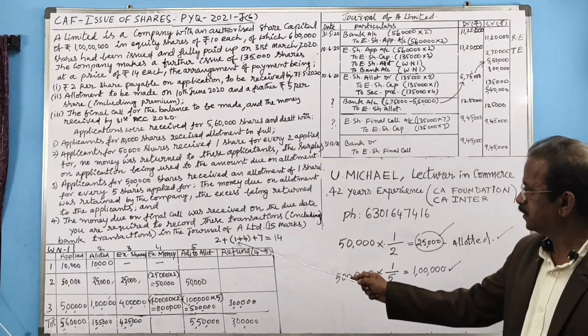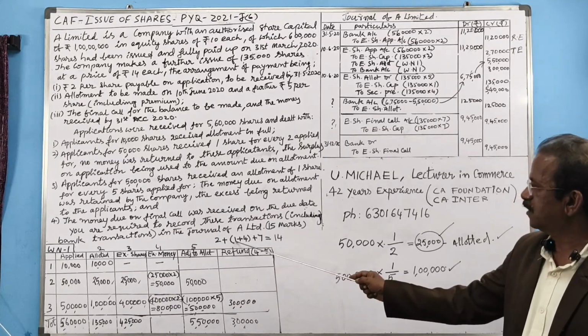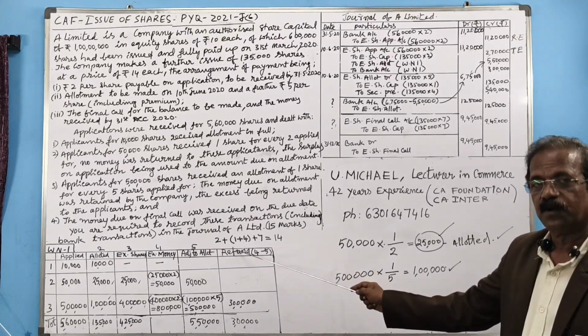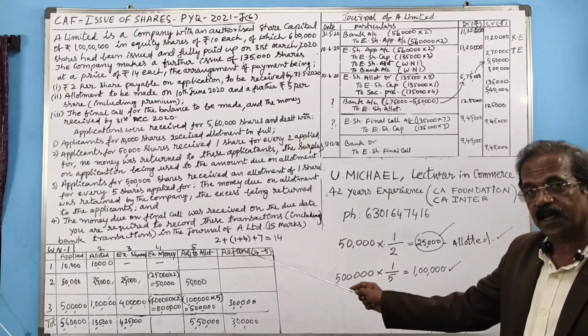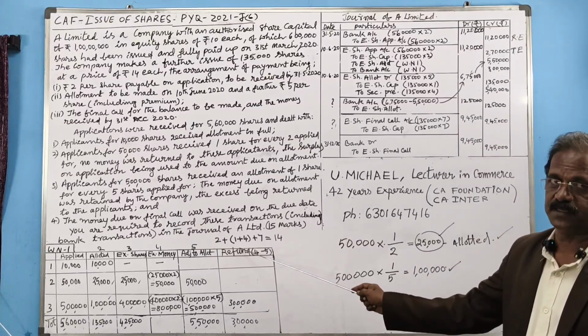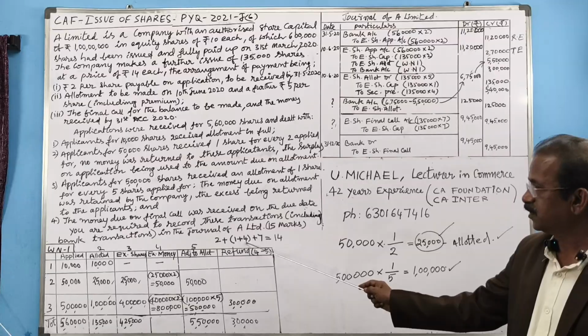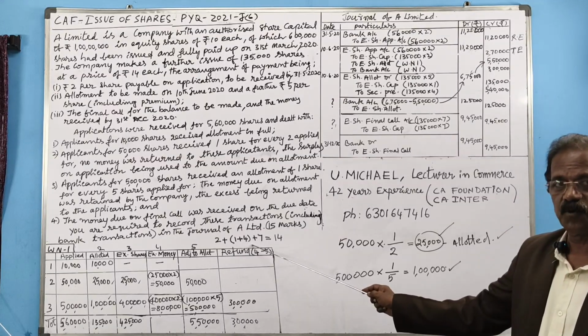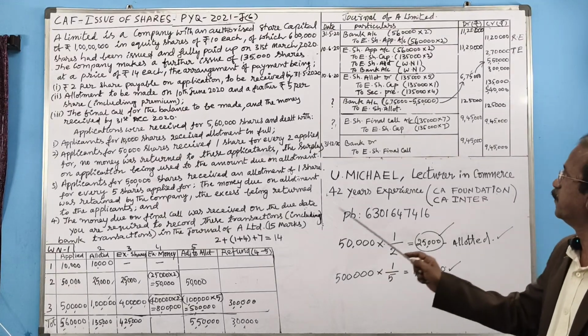Out of 5 rupees, 1 rupee is towards the face value. That amount is to be transferred to share capital. The extra amount, that is 4 rupees, is to be treated as security premium.